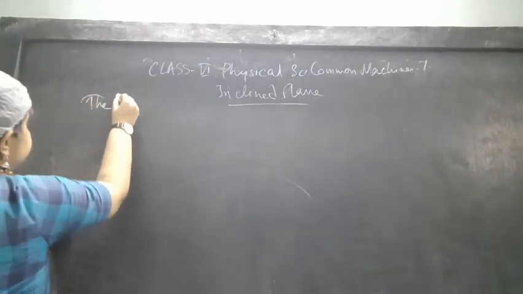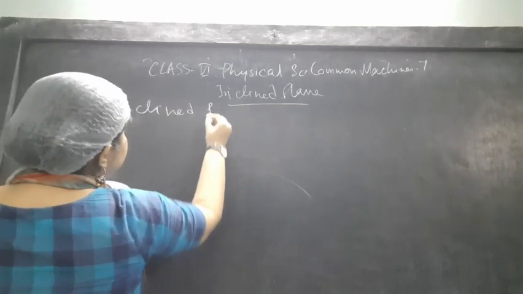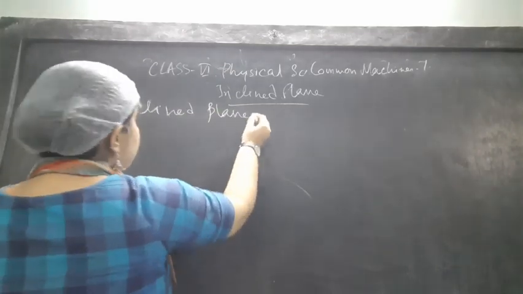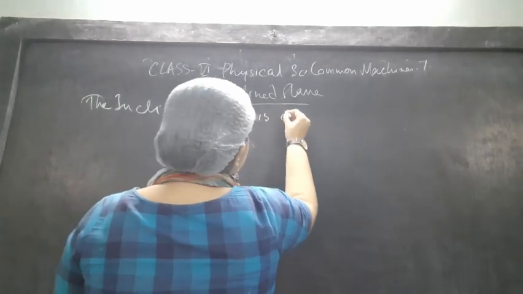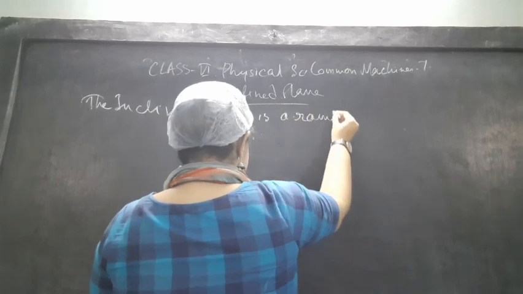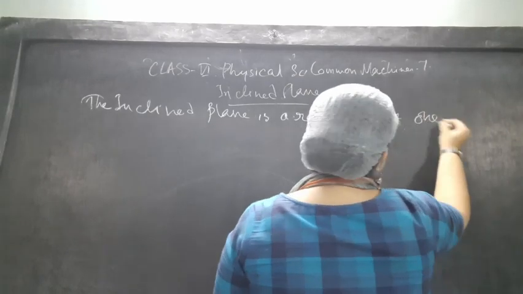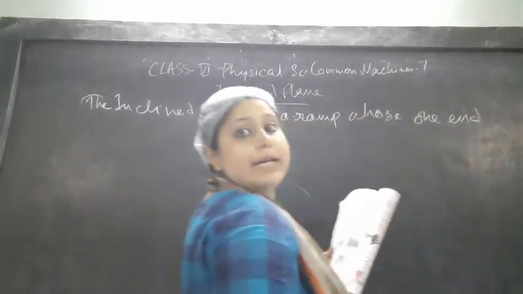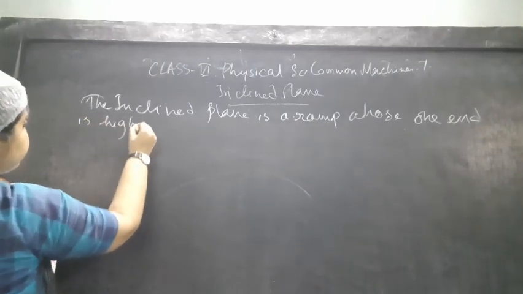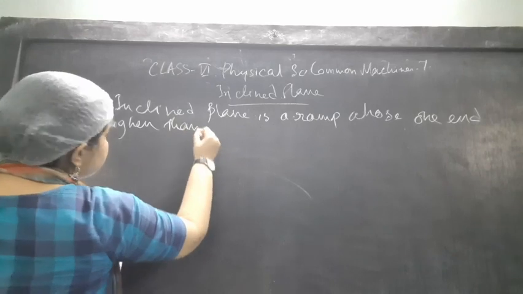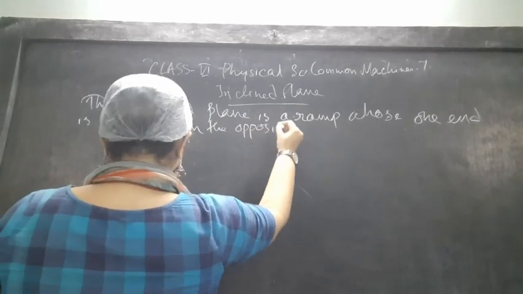The inclined plane is a ramp whose one end is higher than the opposite end.